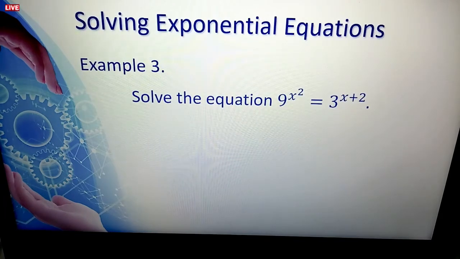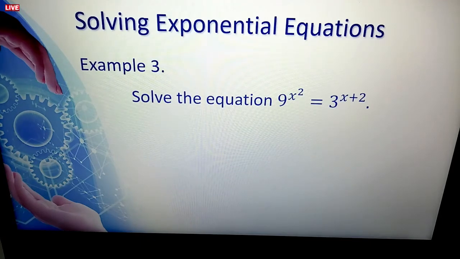Next example, number 3. Solve the equation 9 raised to x squared equals 3 raised to x plus 2.